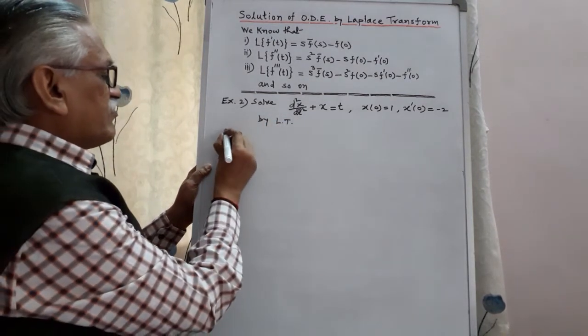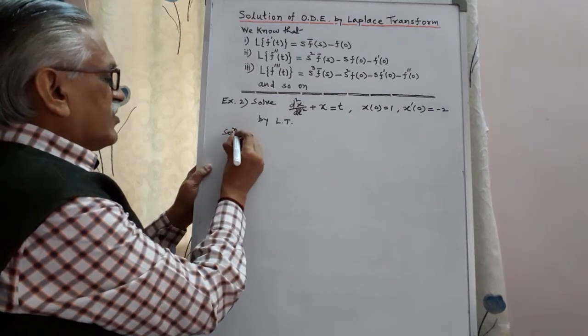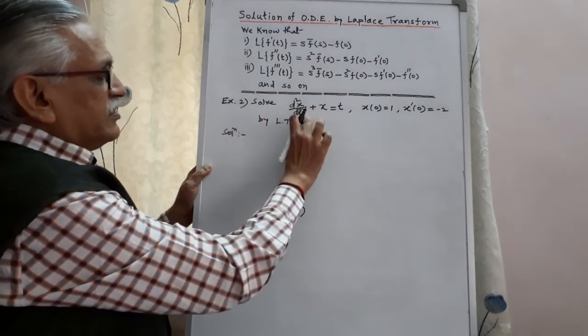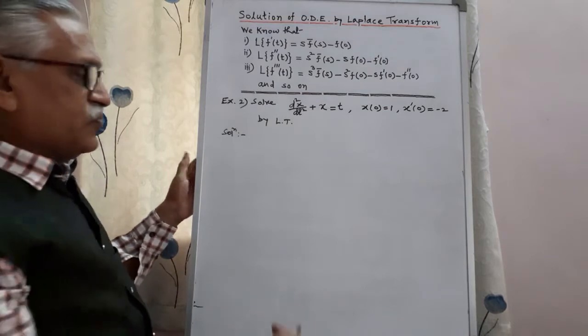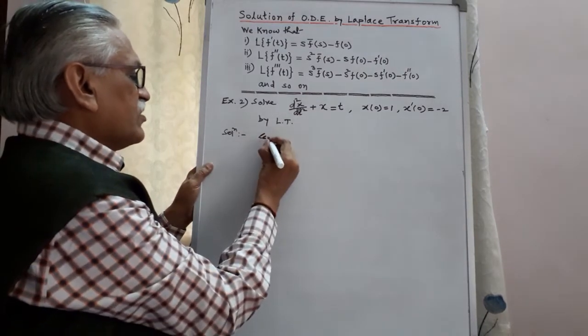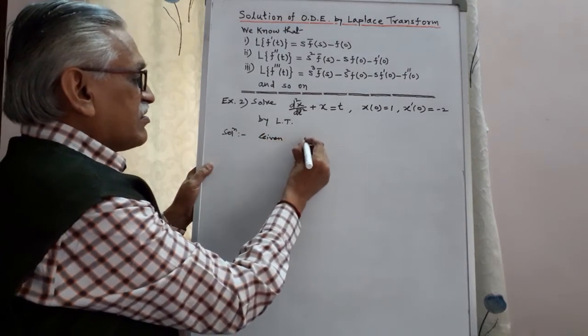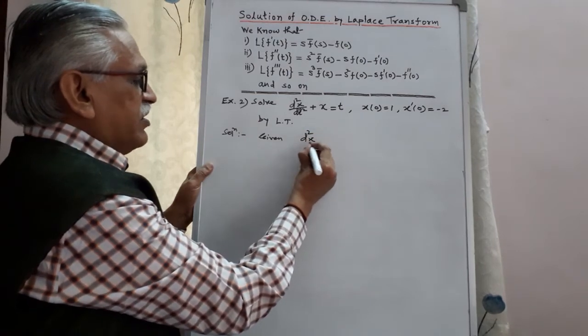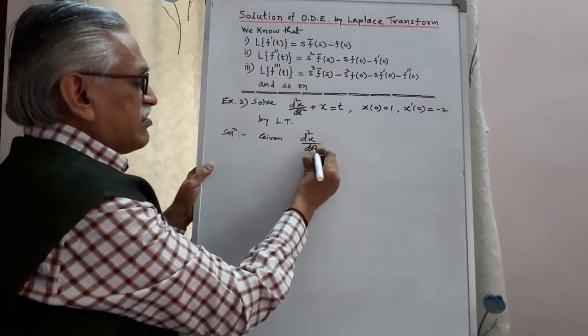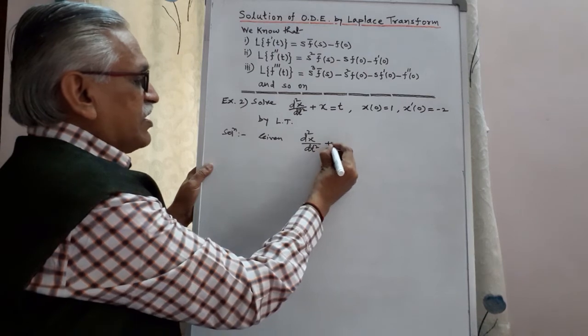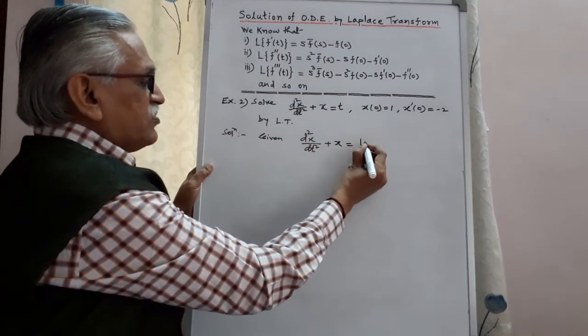Okay. Here the given differential equation is of order 2. Therefore, given d2x by dt square plus x is equals to t.